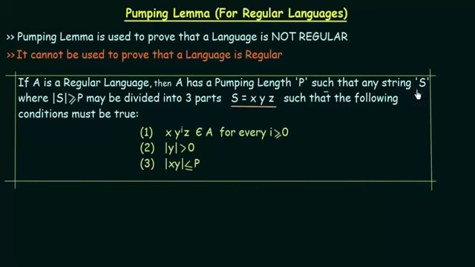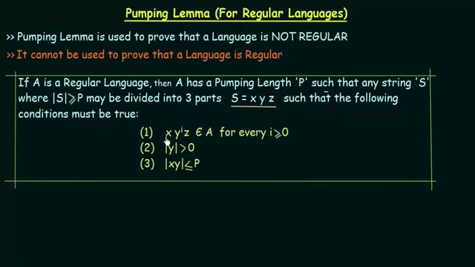So if you take any string S from the language A whose length is greater than or equal to the pumping length, then this string S can be divided into three parts, X, Y, and Z. That means we take a string S which belongs to the language A and divide it into three parts, X, Y, and Z. You have to divide it in such a way that the following conditions are true.